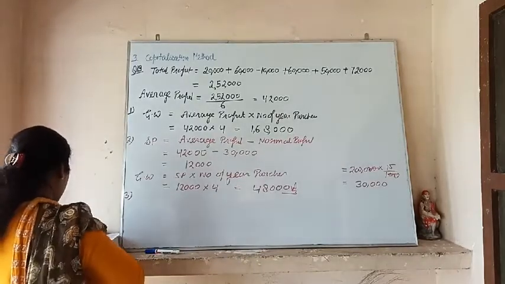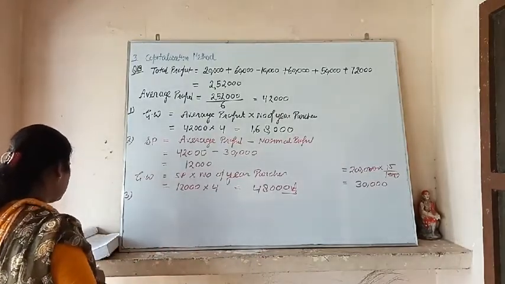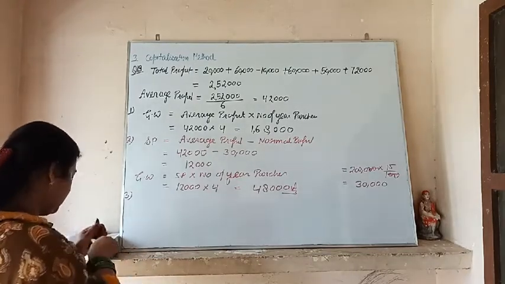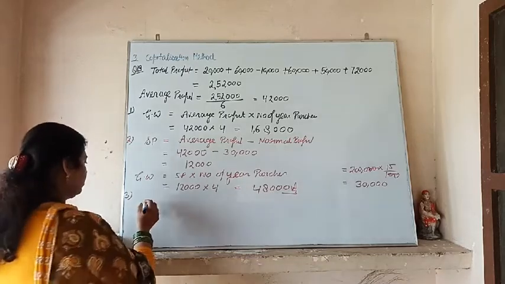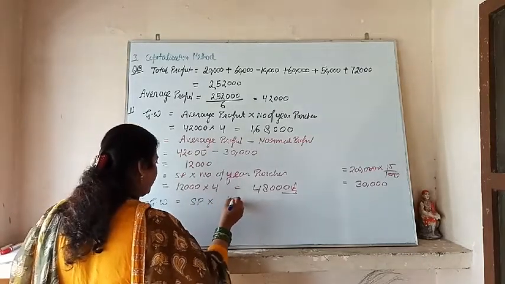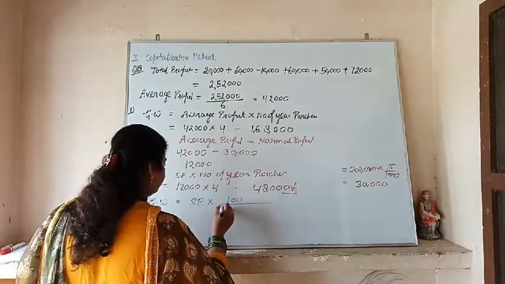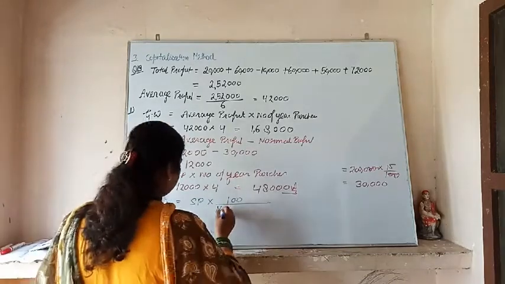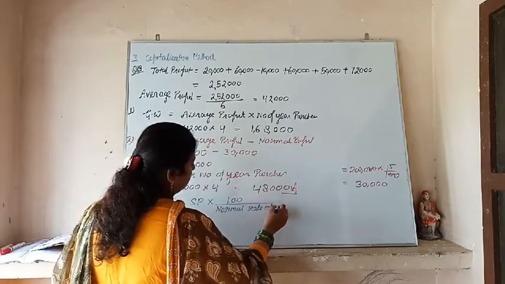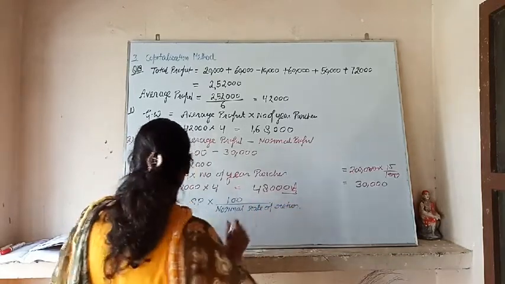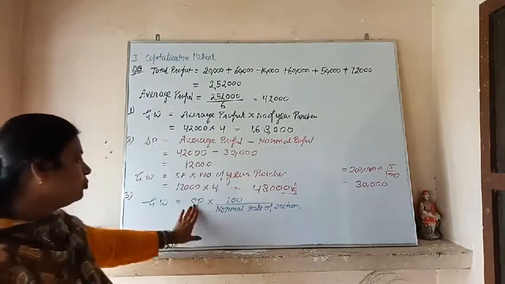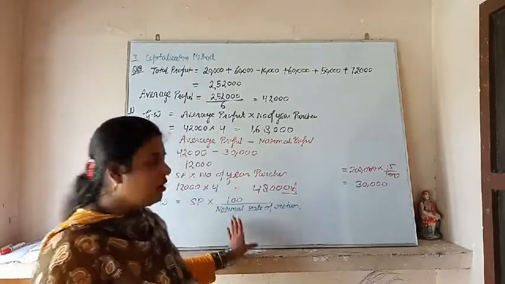The question asks to calculate goodwill on the basis of capitalization of super profit. In this method, goodwill is equal to super profit into 100 upon normal rate of return.